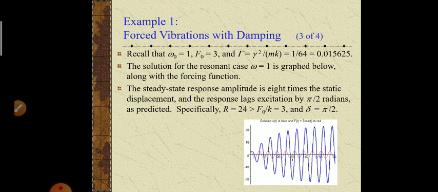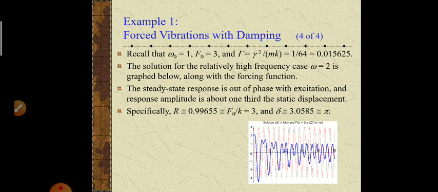Where R is taken as 24, which is greater than F0 upon k is equal to 3, but delta is equal to pi by 2, right? Pi by 2 delta means the response lags the excitation, which is already studied by us in this chapter of forced vibration.